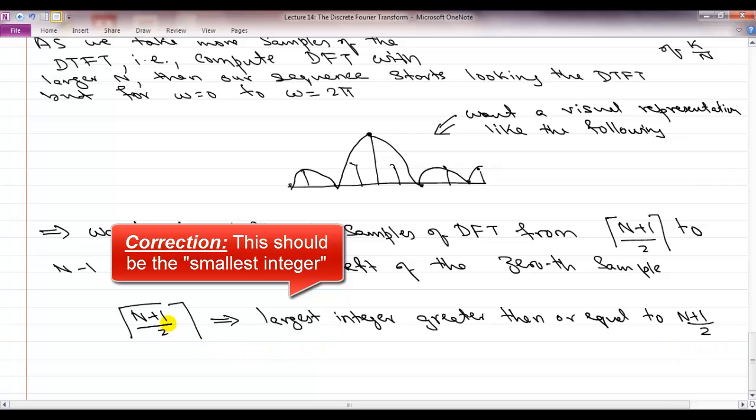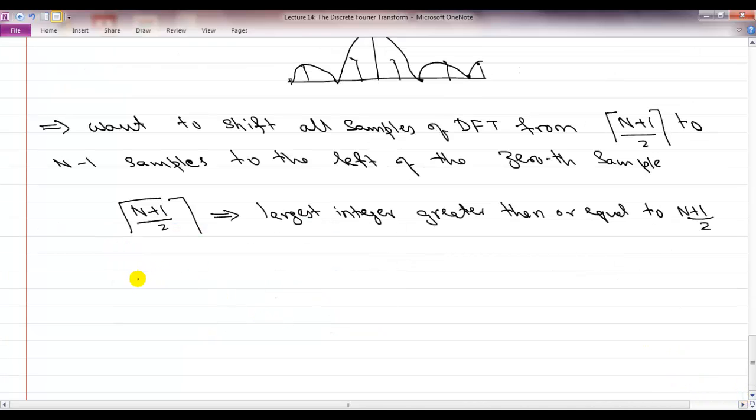So the sample at (N plus 1) divided by 2 is basically sampling X of e to the j omega at little omega equal to 2 pi over N times k, with k equal to (N plus 1) divided by 2. Right?